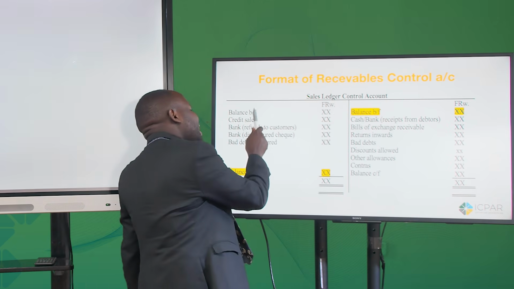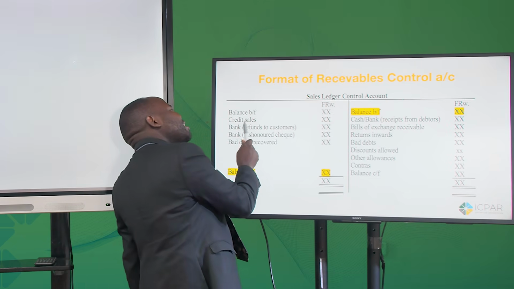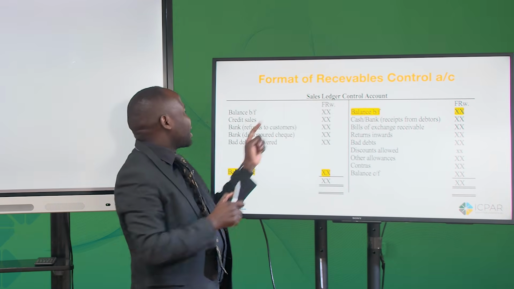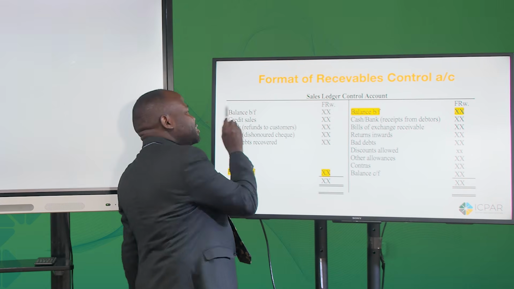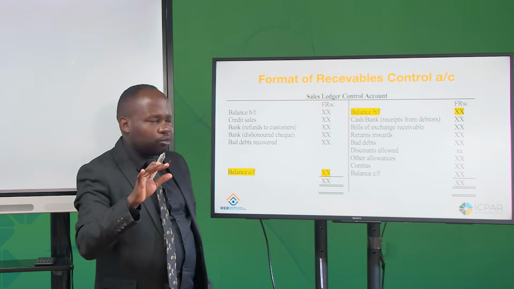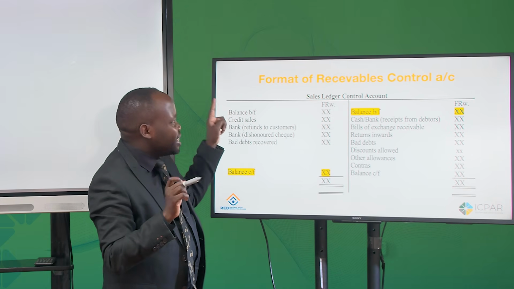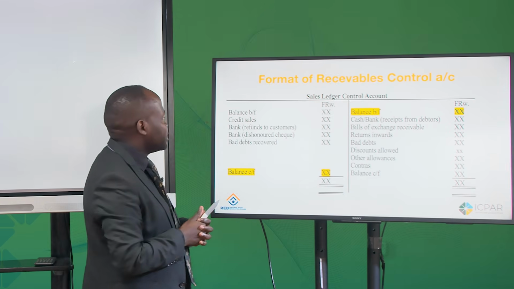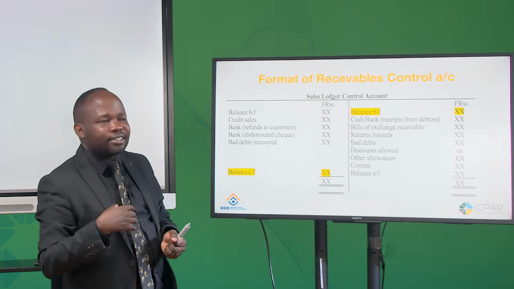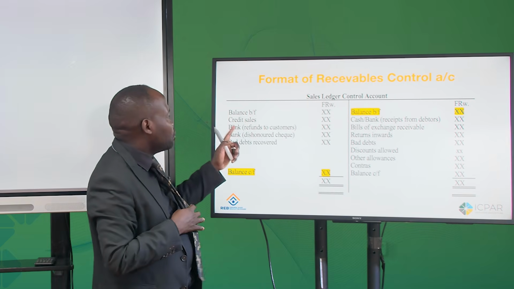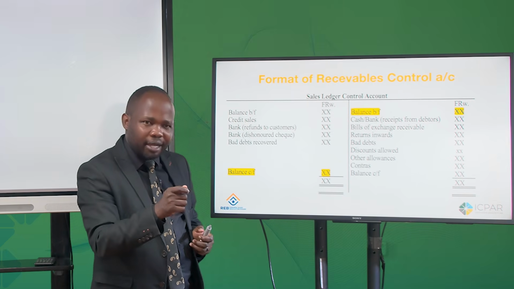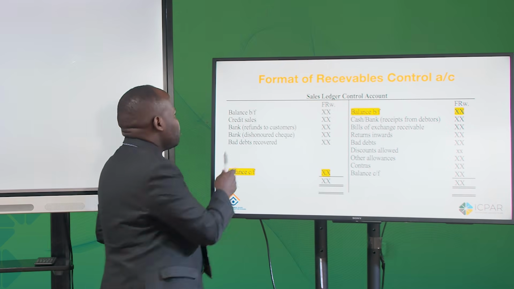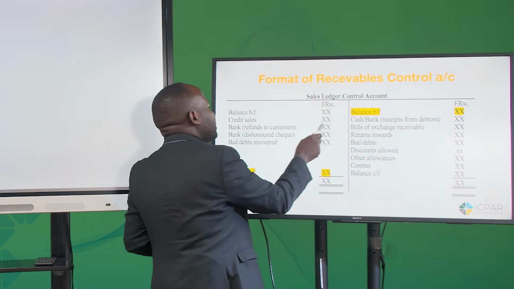Now, opening balance, credit sales. We are dealing with credit sales, not cash sales. So note that in a receivables control account, we only deal with credit sales. Cash sales is not posted in the receivables control account. Now, refunds to customers: if we refund the customer some money, we post the refund on the debit side.